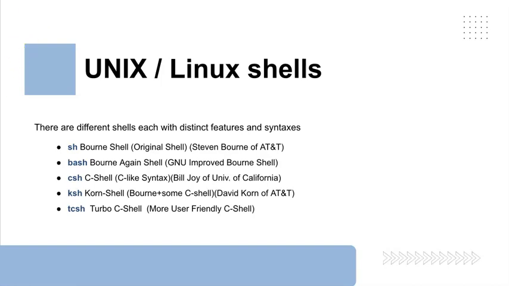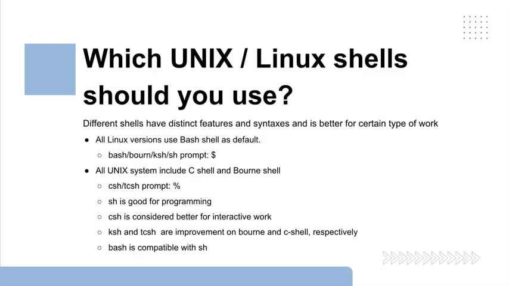So for example, if you want to write shell scripts, SH is a good one to use. But if you are more interested in writing more interactive programs, you might want to use CSH. CSH stands for C shell, and its syntax is based on the C programming language.